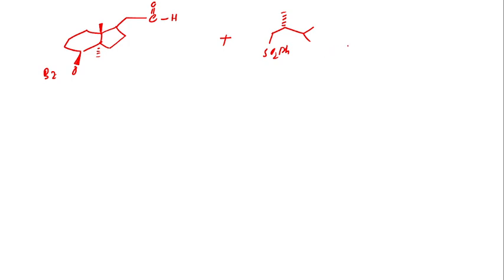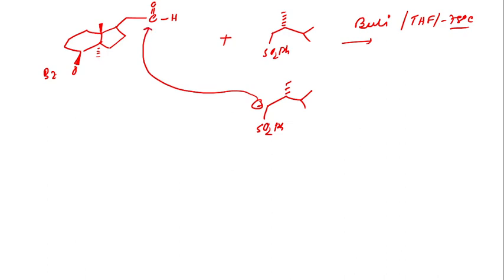Okay, let us say if I use a base, butyl lithium, dry THF, and minus 70 degrees centigrade, then what will happen now? You know that at this condition, it will be negative, so it will attack here. As a result, what are we going to get?